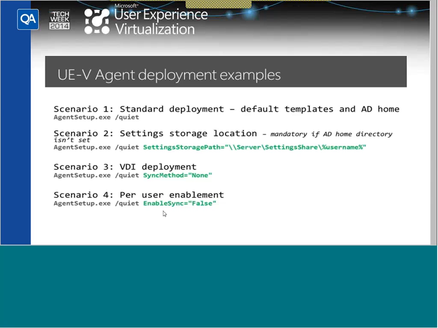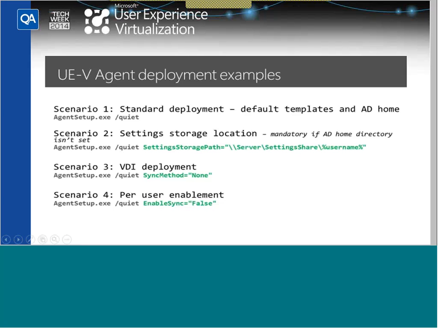And that is also true in the group policy area as well. So again, when we normally apply group policies, unless we have loopback enabled, the computer settings will override user settings. This is not the case for UE-V group policies. The way the UE-V agent has been written, the user setting will override the computer settings.